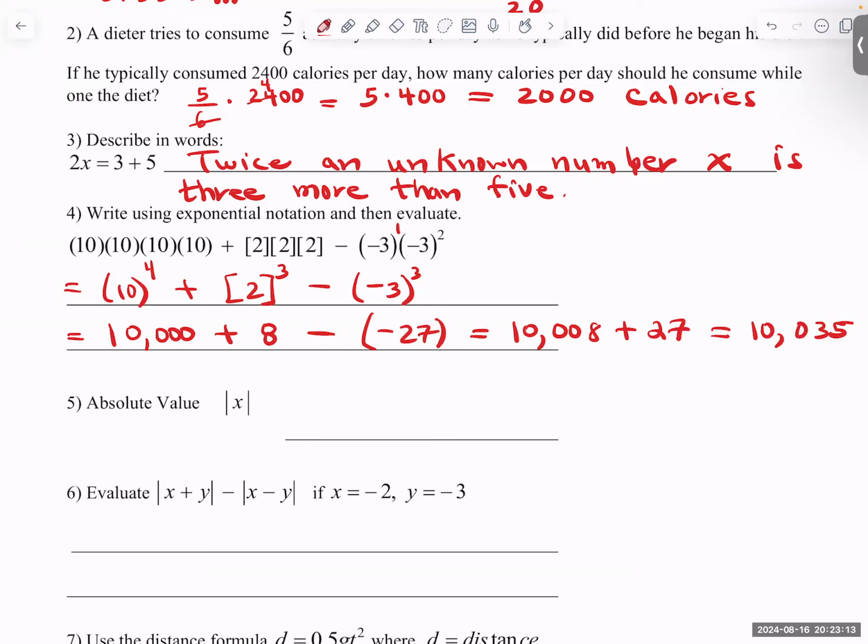Number 5 is the definition of absolute value, which is defined in 2 pieces, or it's piecewise defined.